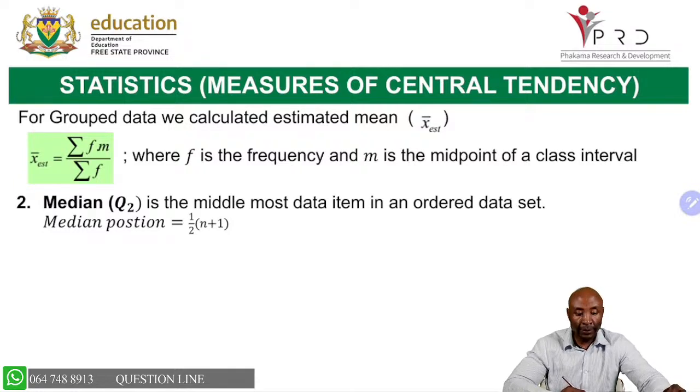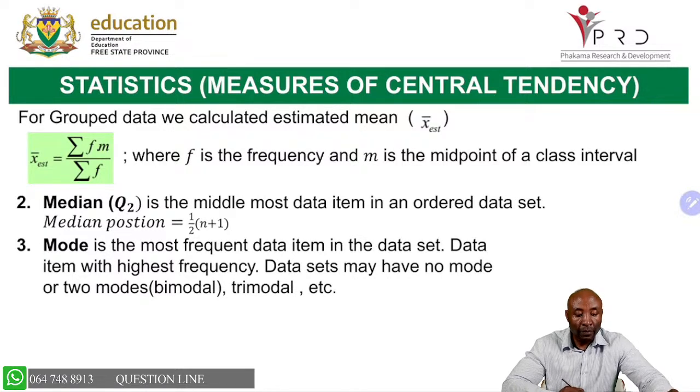We have a median. It is the middle most data item in an ordered data set. We order our data from smallest to biggest, and the middlemost position will give us the data item that gives us our median, known as Q2. The mode is the most frequent data item.